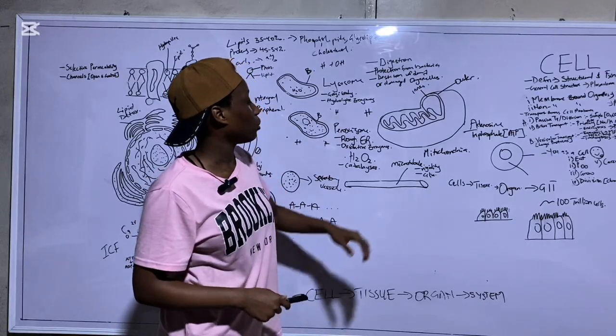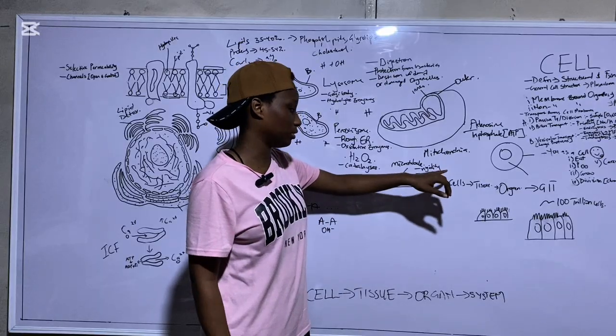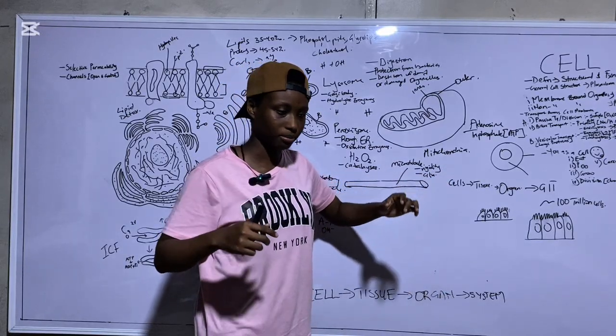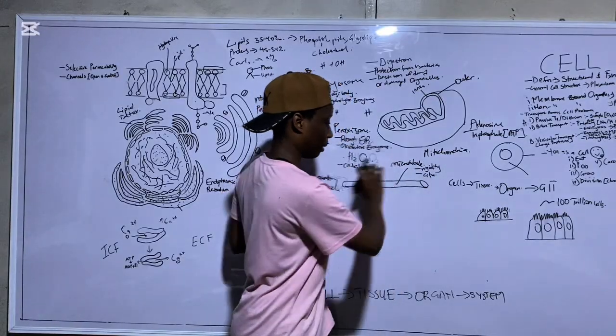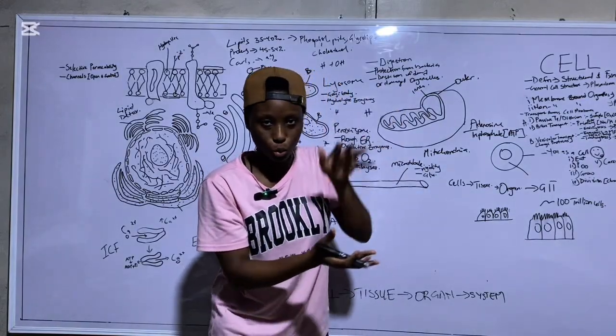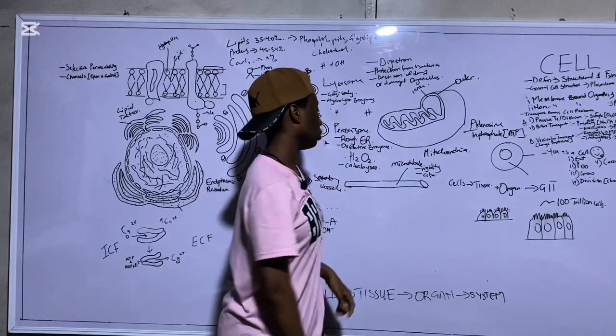So the function of the microtubule is to provide rigidity and structure for the cell. Think of it as logs of wood. It looks like a pipe, but it gives structure and rigidity to the cell.